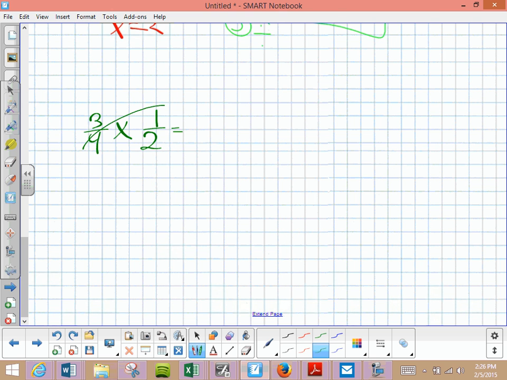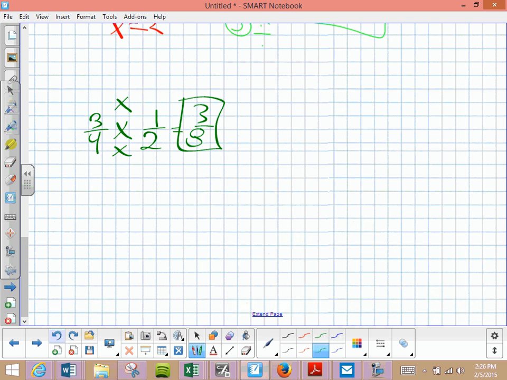That's butterfly. You multiply across. You don't cross multiply, you multiply across. So 3 times 1 is 3, 4 times 2 is 8. That's my answer. That's it. Multiplication is the easiest one of all the operations with fractions.